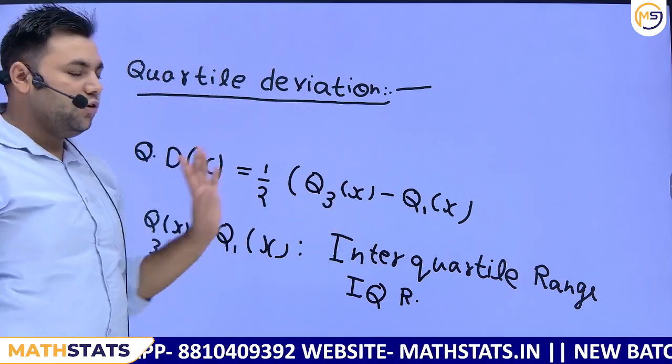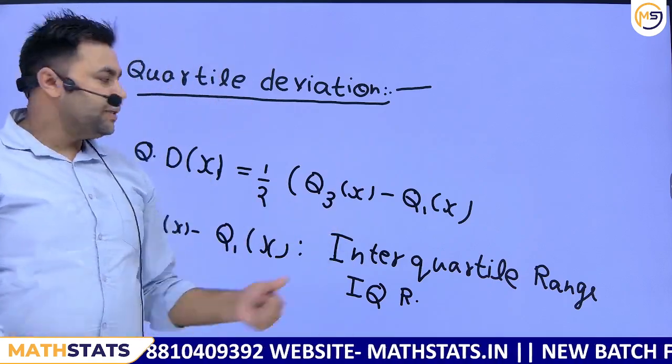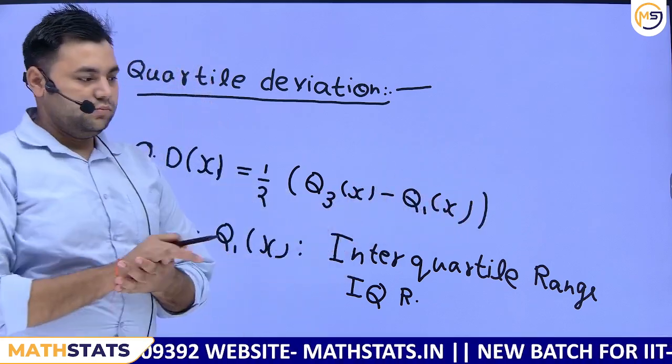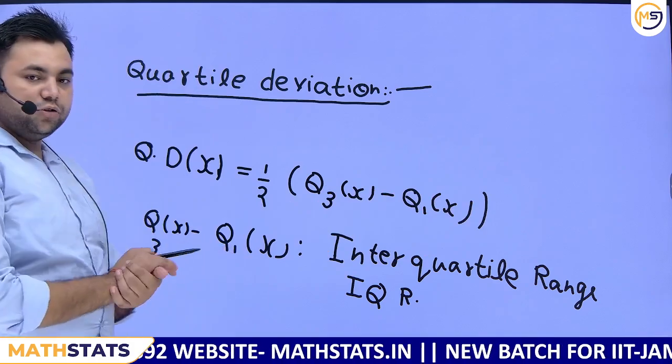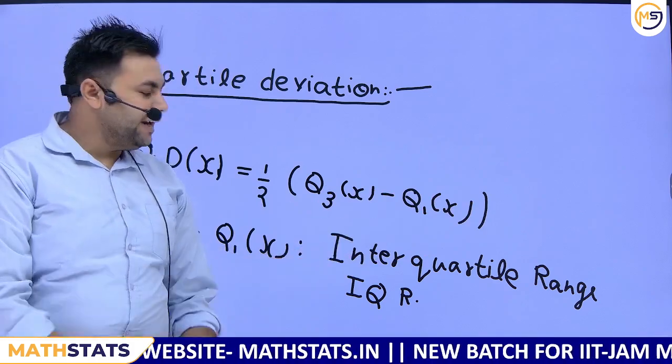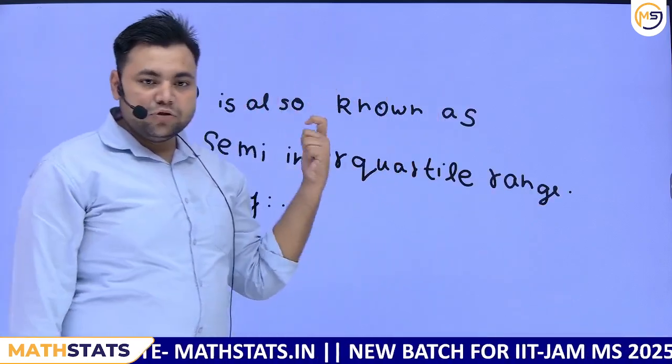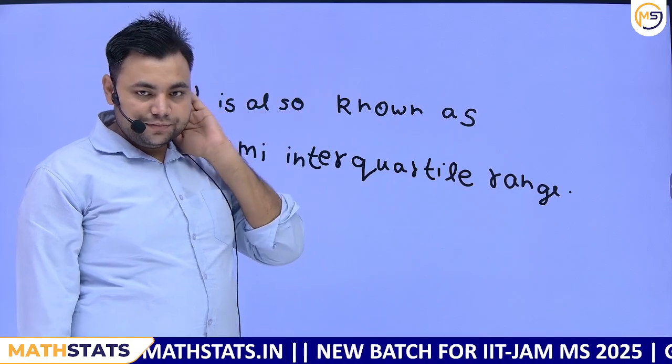If anyone has any doubt in this formula, you can ask. This is the third quartile, this is the first quartile. And the difference Q3 minus Q1 is called interquartile range or IQR, and quartile deviation is also known as semi-interquartile range.